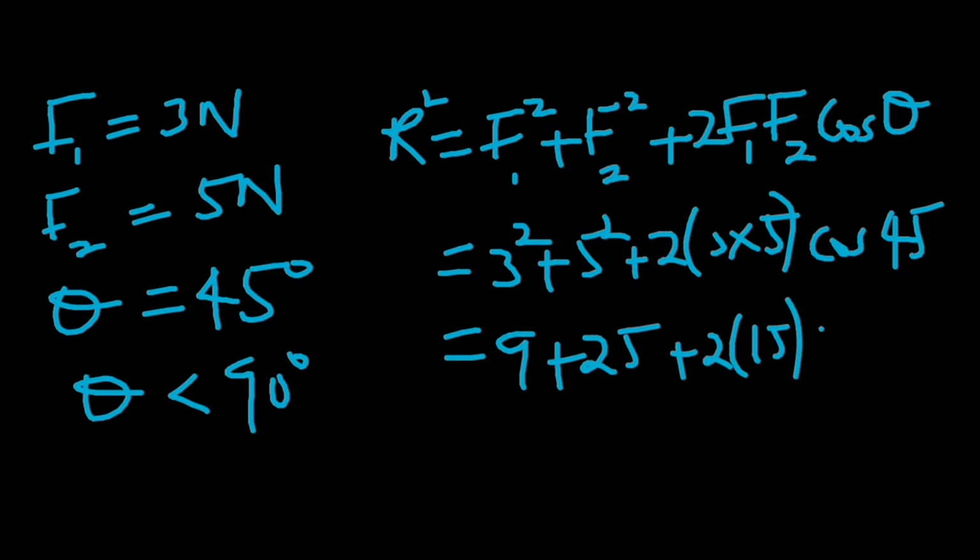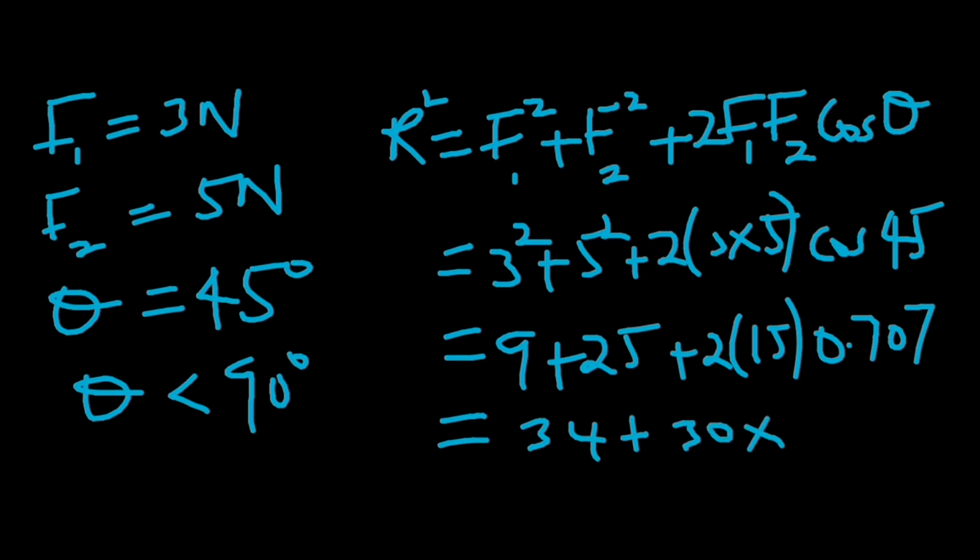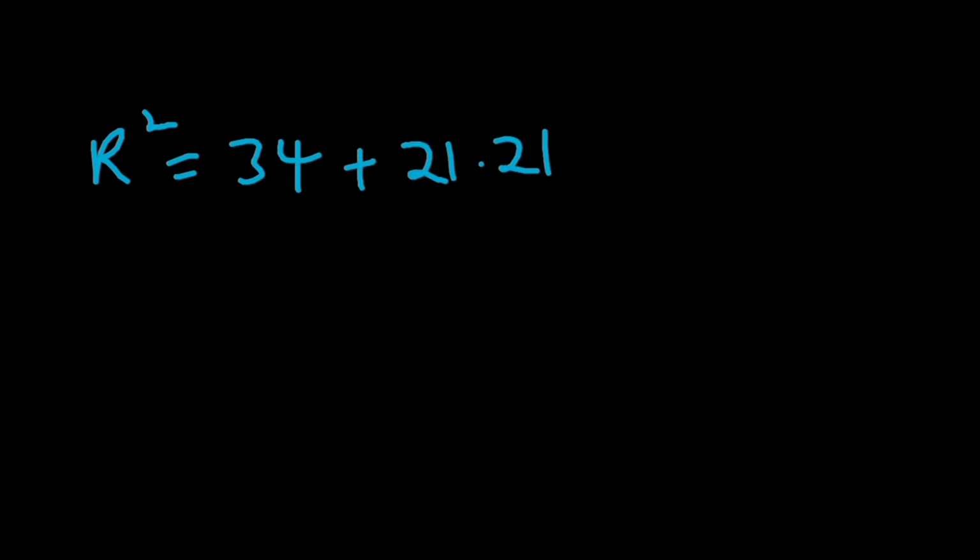Cos 45 is 0.707, which of course will give us 34 plus 30 multiplied by 0.707. Let's take the next slide. We shall have R squared equals 34 plus 21.21, which of course will give us 55.21.